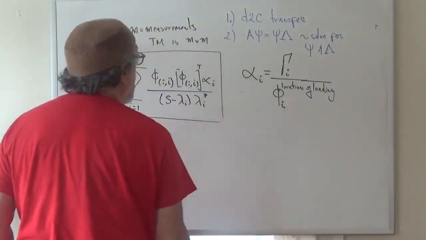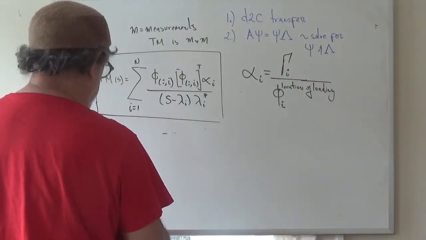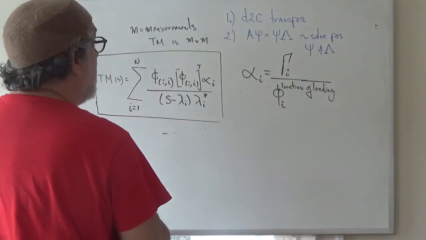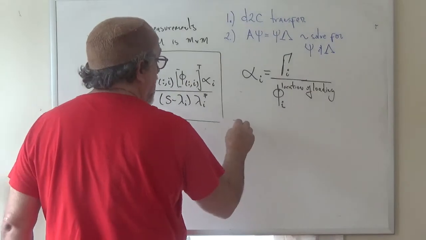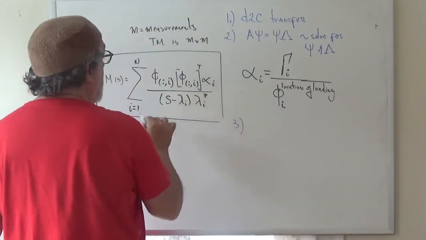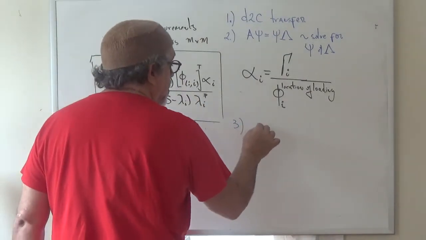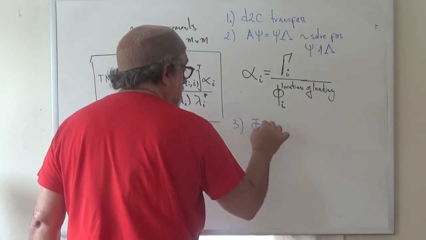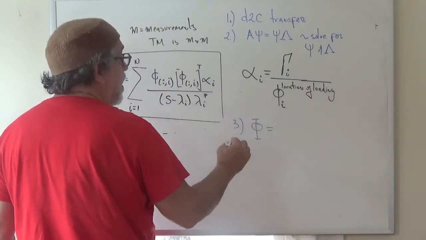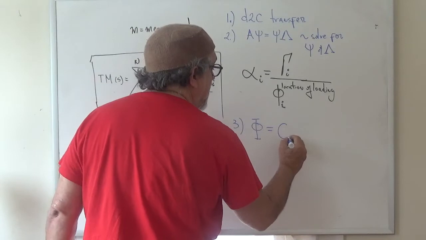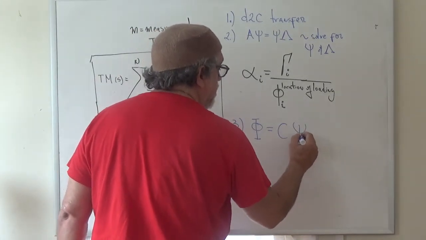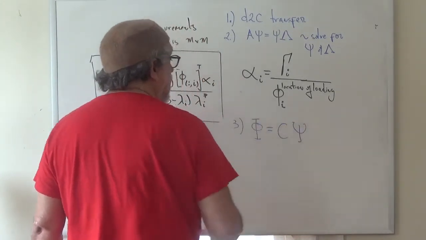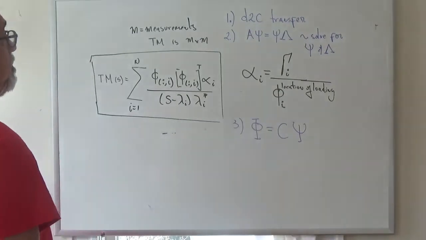Once you've solved for the eigenvalues and the eigenvectors of the A, then in step 3, you calculate the vectors phi. So the vectors phi are in the matrix capital Phi here, which is simply your C times these eigenvectors, right? So you calculate those.